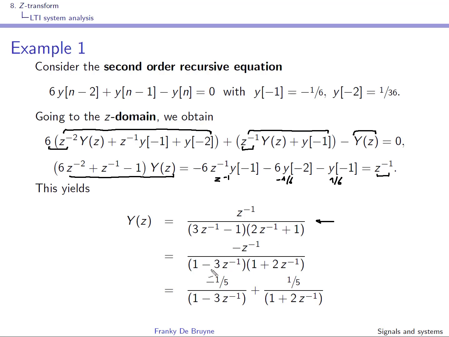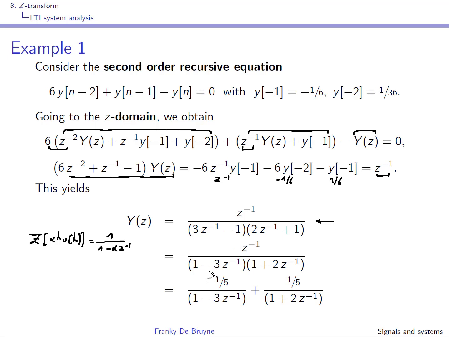What we'll do is change signs here, because remember that the z transform of alpha^k u[k], so this exponential sequence, is 1 over 1 minus alpha z^-1. So we like to have 1 minus something, so this is why we change sign. And what we do over here is compute the partial fraction expansion, and I'll leave it as an exercise.